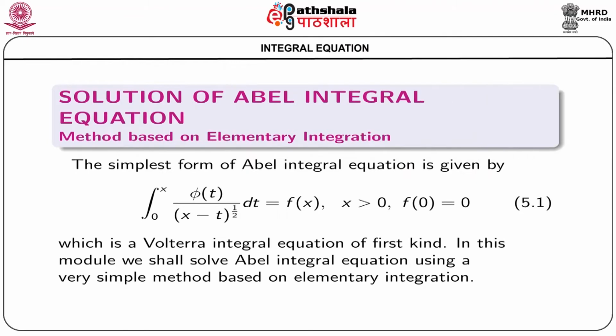Now we consider the simplest form of Abel integral equation, which is given by equation 5.1. Here the unknown function is phi t and the kernel of the integral equation is given by x minus t to the power minus half.